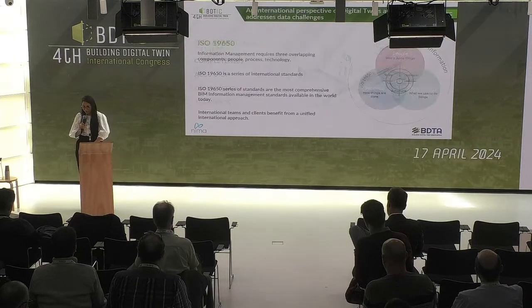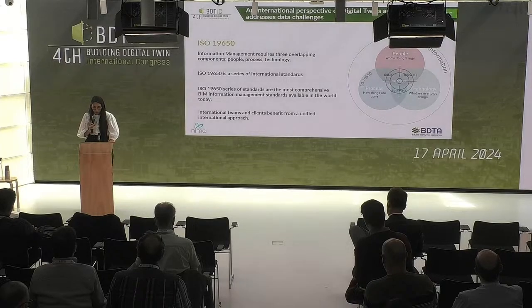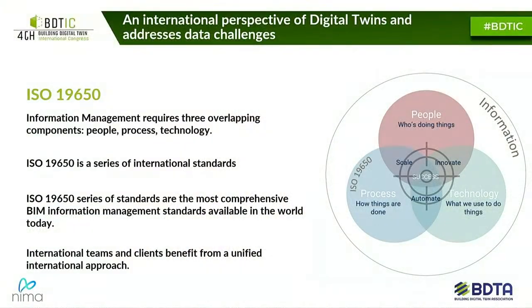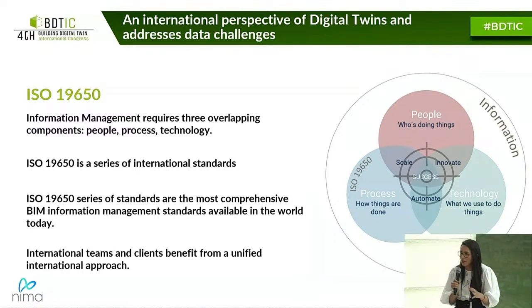So how can we organize everything? We need to work with global standards. In a digital twin, we receive information in different ways, from sensors to BIM. There are plenty of ways that we can gather that information, but we need to follow something at least.